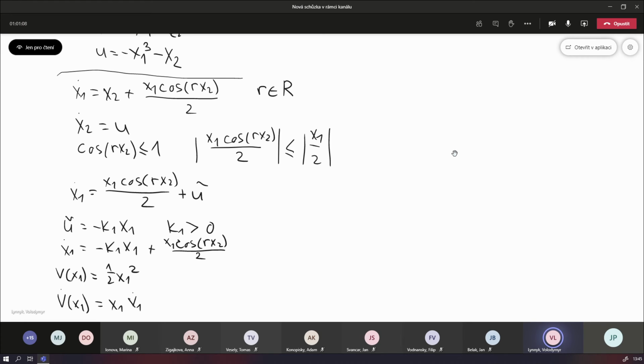It's equal to x1 times minus k1 x1 plus the term with cosine, x1 cosine r x2 divided by 2.